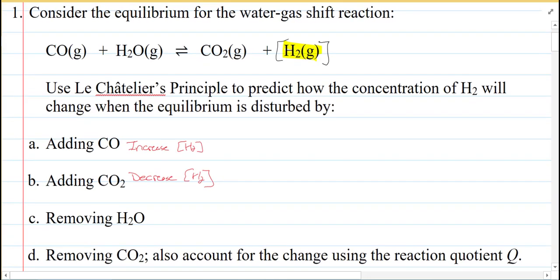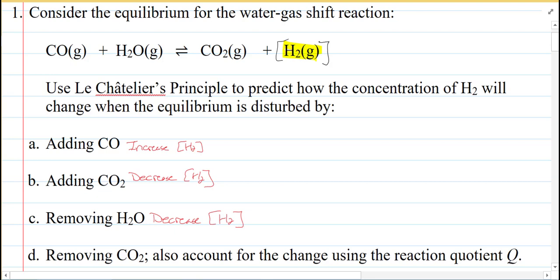Removing H2O. So if I remove H2O, so taking this out, these guys will have to come in to fill in, and so I'm also going to decrease concentration of H2.